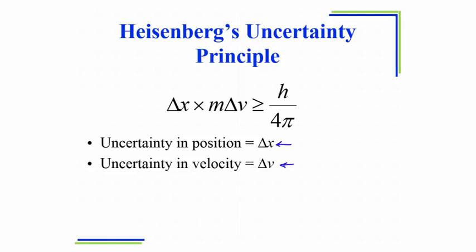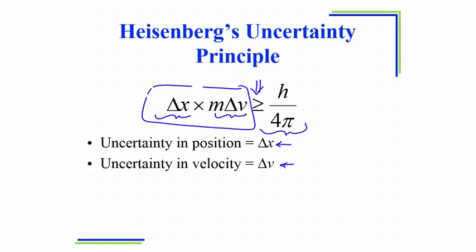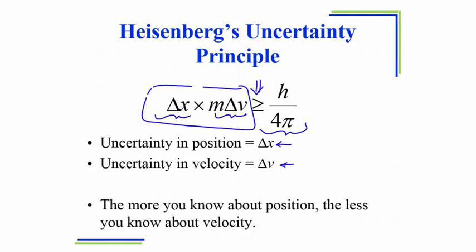So we have these two pieces and they're in here. Because of this greater than or equal to symbol, we know that this term has to stay bigger than, it can't get smaller than, this fraction on this side. What does that tell us? Well, the more accurately we know the position, the smaller this term gets, the bigger this term is going to have to get in order to keep the left-hand side larger than the right-hand side.